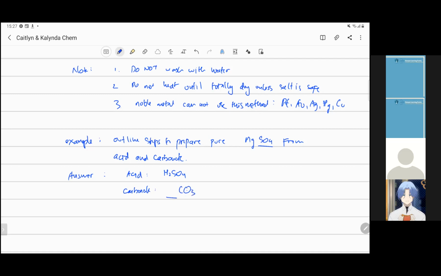The front part goes for the magnesium. So the acid comes from the anion. The cation goes to the carbonate. So we're going to use sulfuric acid and magnesium carbonate.